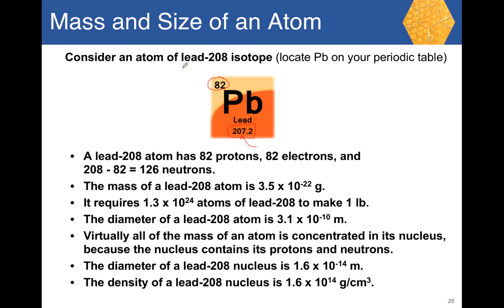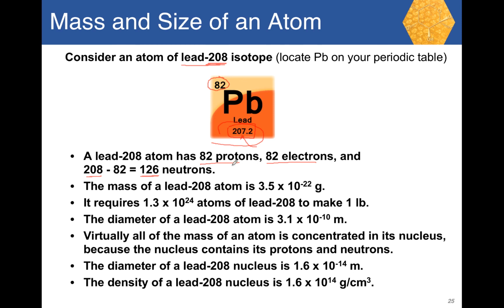So let's consider one of these isotopes. It's lead 208. If you consider one of these isotopes, which contributes to the overall atomic mass here, it has 82 protons and 82 electrons. That's why here it is 208, and the difference would be 126, which would be neutrons.